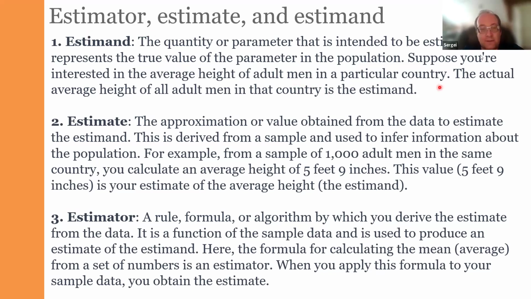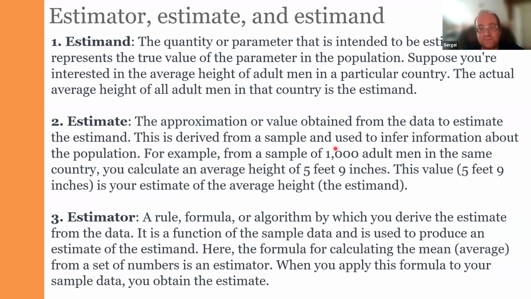Estimate is the approximation of this true value based on partial statistics. So the estimand would be measuring the height of everybody in the country. For obvious reasons, that's not something that we can do. The estimate is what we can do given the limited experimental data.